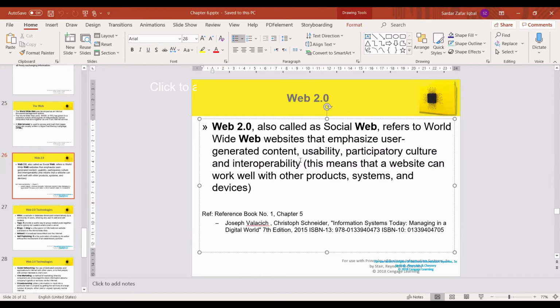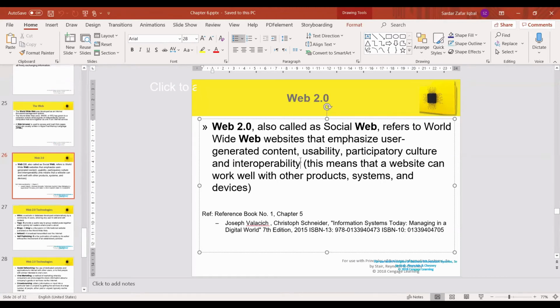What is the difference between Web 1.0 and Web 2.0? The difference is participation. For example, I'm giving a lecture and you are just listening, not responding. This is Web 1.0, where communication is only from one side, one-way communication. But in Web 2.0, the social aspect is introduced.